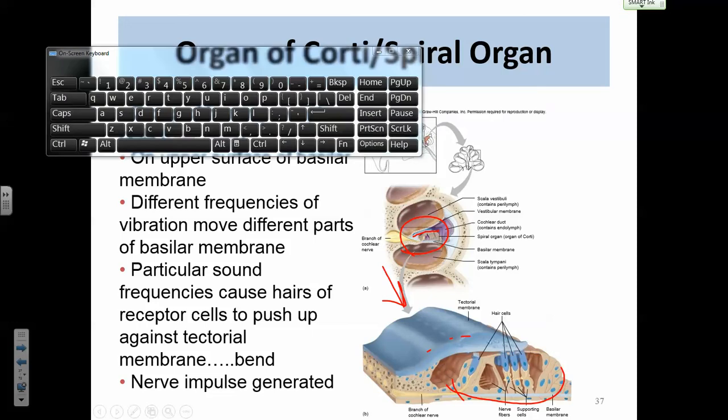It's like little cilia there. And if they get pushed up, look, they're going to bend. And if they bend enough, that's going to trigger an impulse to go along that little neuron to the cochlear part of the vestibulocochlear nerve. Remember, that's one of your cranial nerves. It's going to send impulses to the hearing part of the brain.